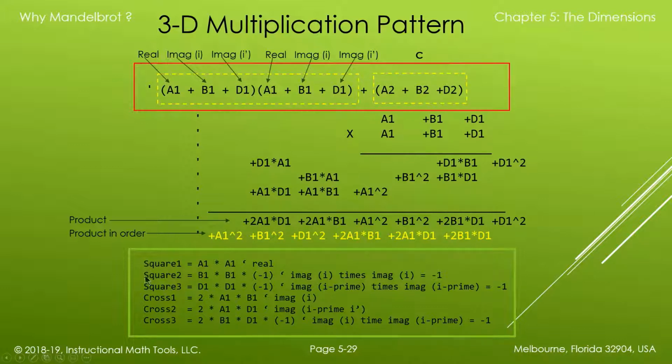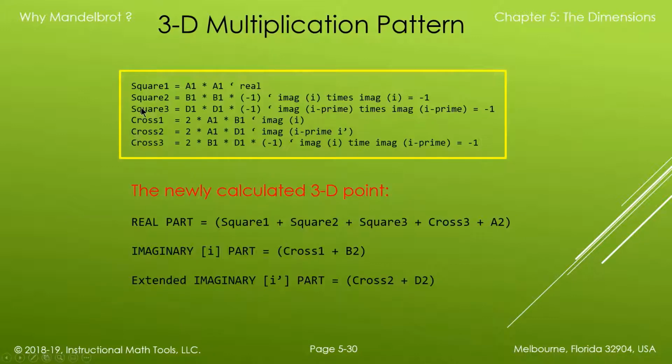The net result is you have to come up with these 6 entities in order to multiply these 2 points together to create another point in the recursive formula. Once you've created these 6 entities, all you have to do is paste them into this formula here, which gives you the new 3D point.